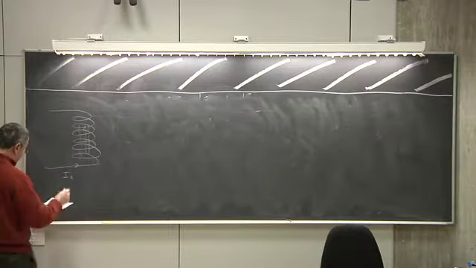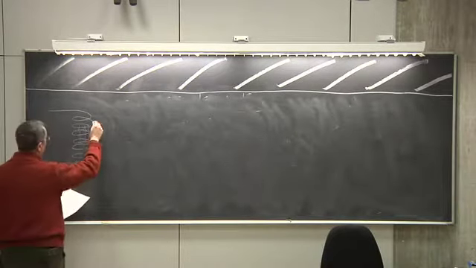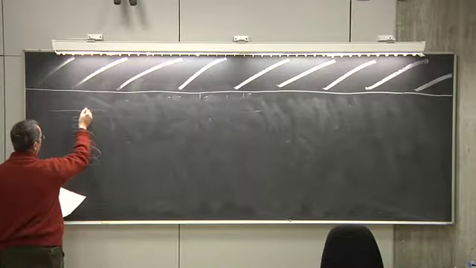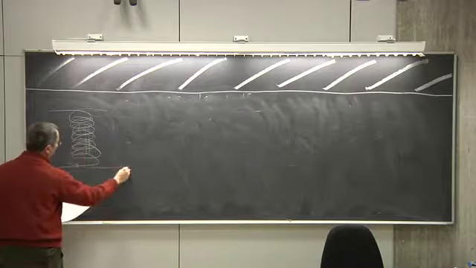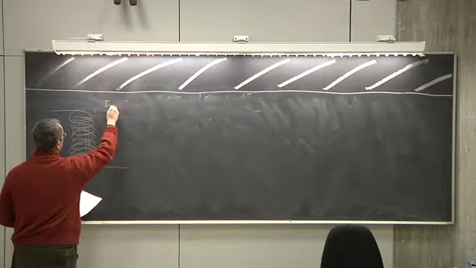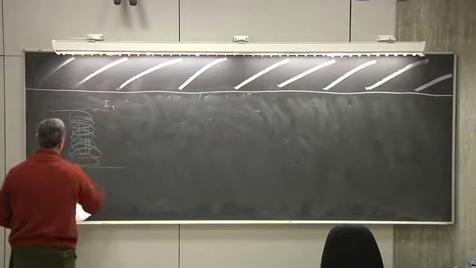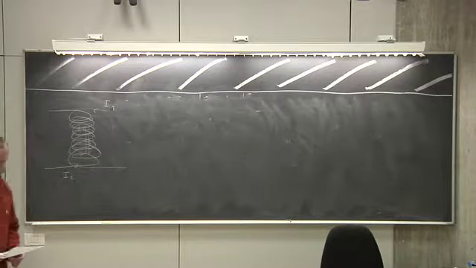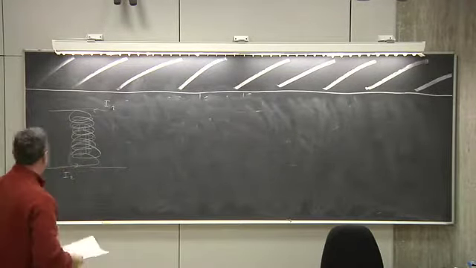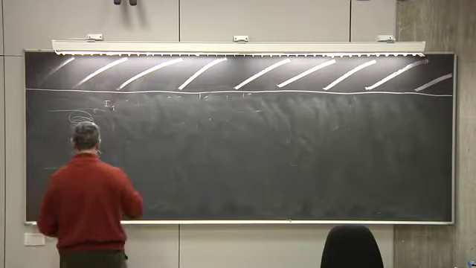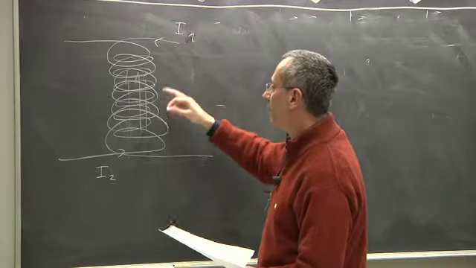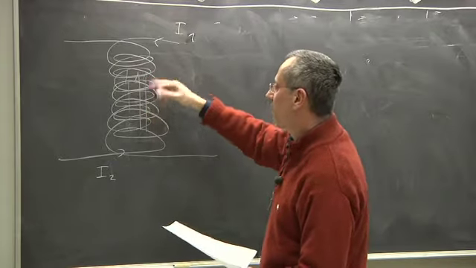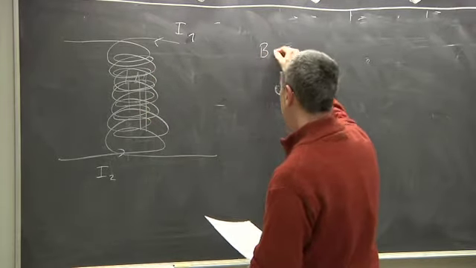The next thing you can try is to have another wire, another coil going the other way around, like this, with the current I1. So if you look at coil number 1, this generates a magnetic field inside that we already computed.